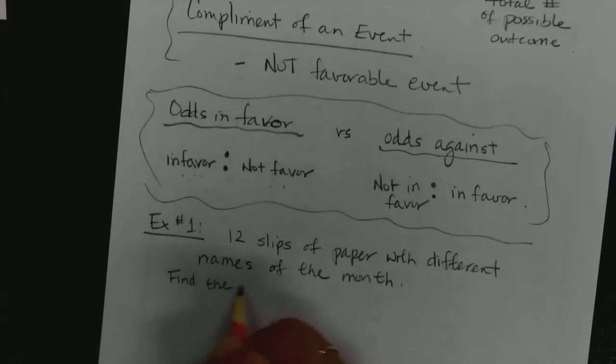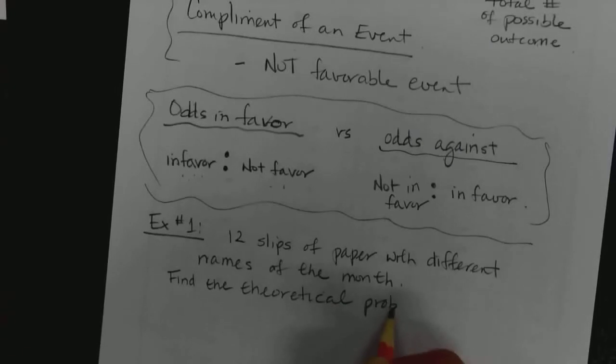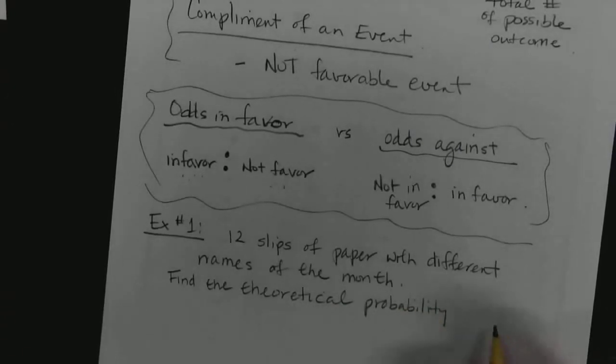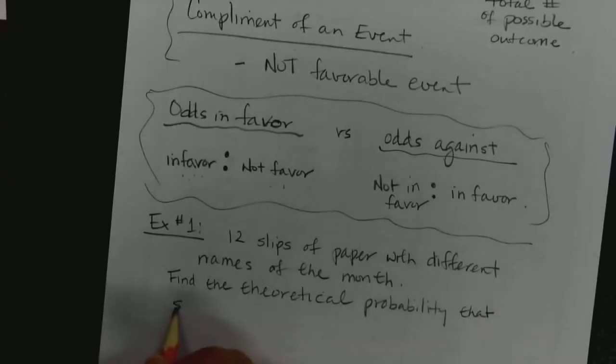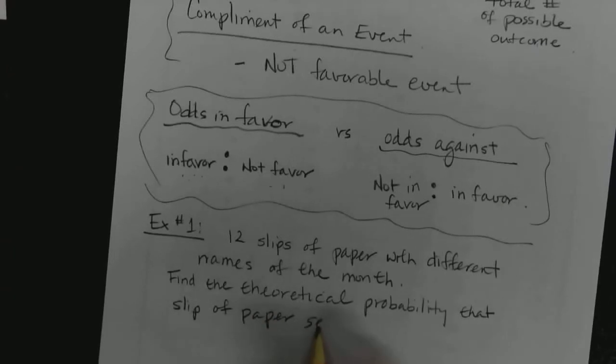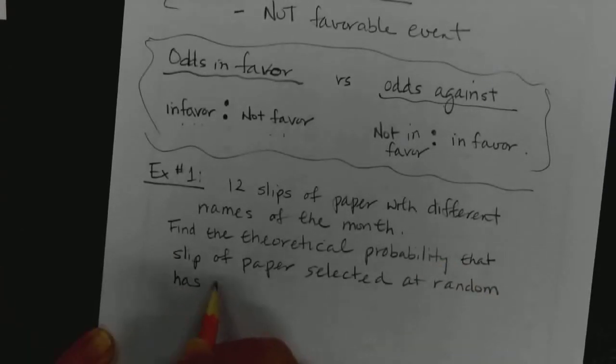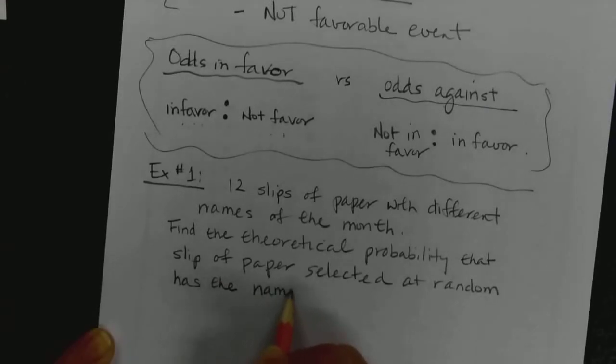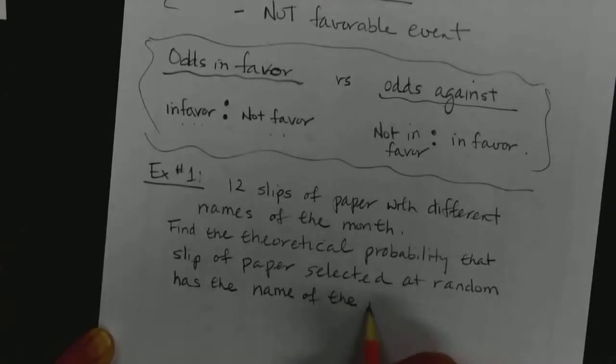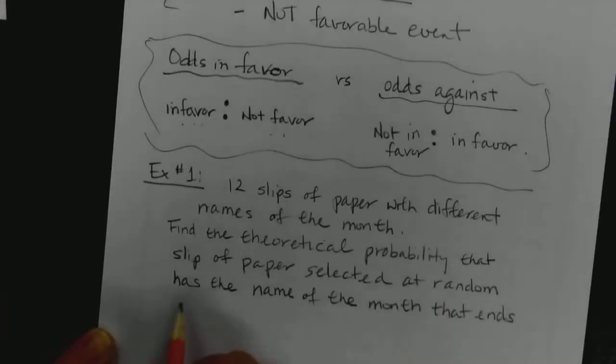Find the theoretical probability that a slip of paper selected at random has the name of the month that ends in "ber."